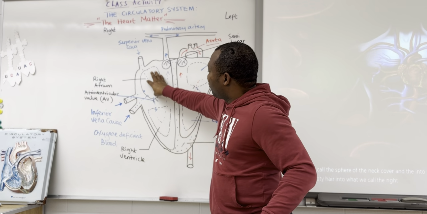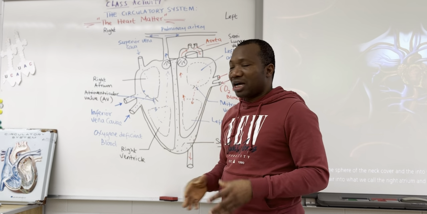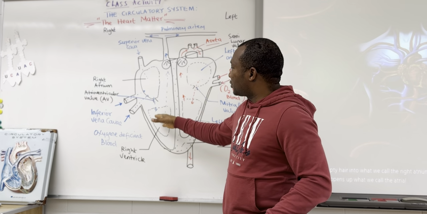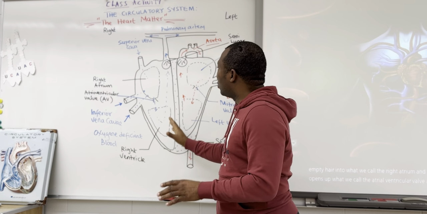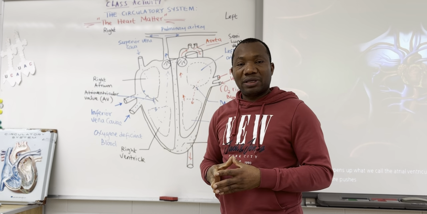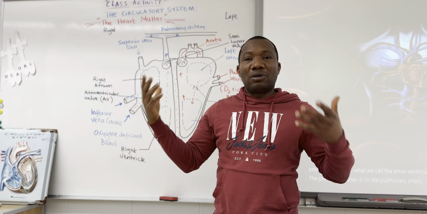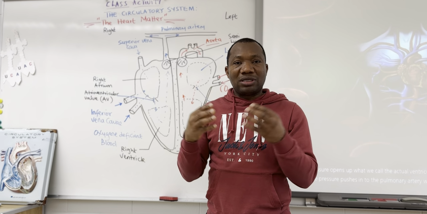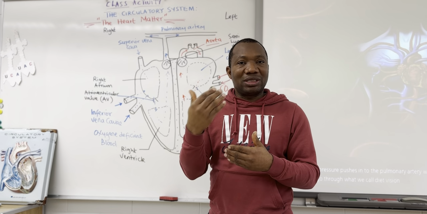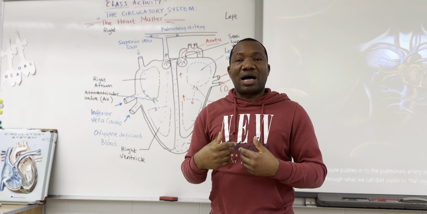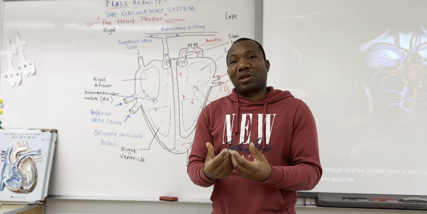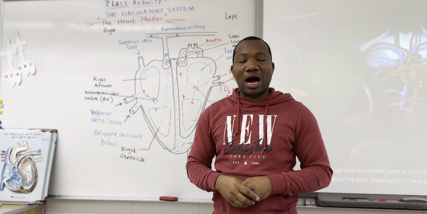And then once it fills up, the pressure opens up the atrioventricular valve, and it gets to the ventricle. A pressure pushes it to the pulmonary artery, where it goes to the lung to go through diffusion, so that oxygen gets diffused into the blood cell, and carbon dioxide is diffused into the alveoli, and it gets exhaled outside.